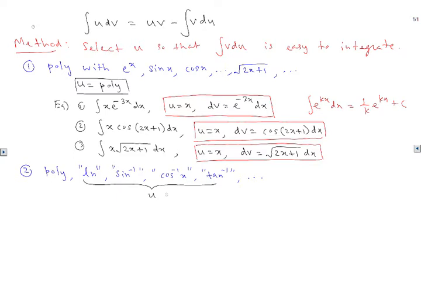Let's look at several examples. The first one is, let's say we have x to the 3/2 ln x dx. According to this argument, we're going to select u as the natural log function, and the rest goes to dv.